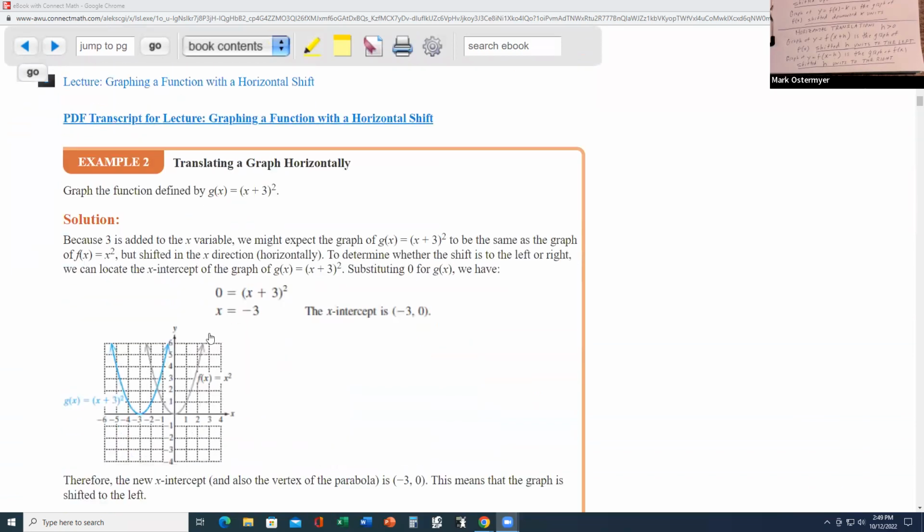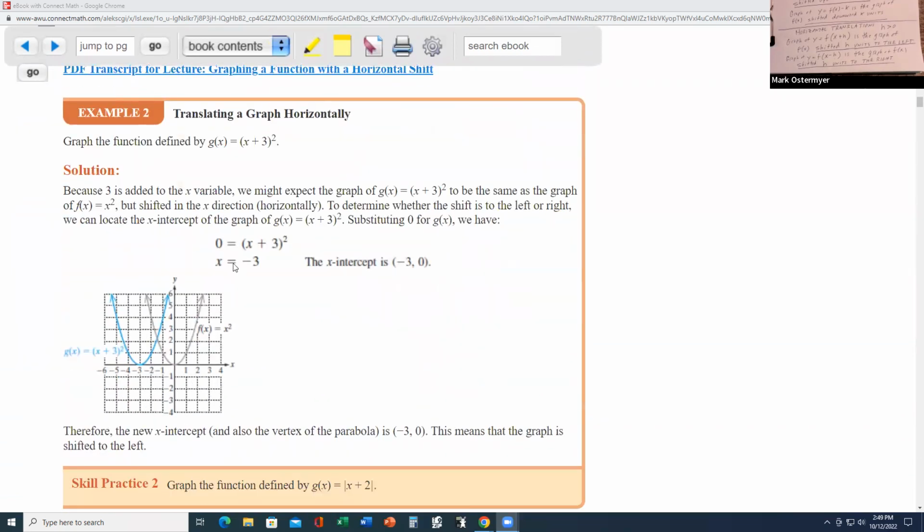All right, example 2. Suppose we use the basic quadratic function f of x equals x squared, and the graph of that function is shown in gray here, which is your basic parabola that opens upwards, where the lowest point is at the origin.